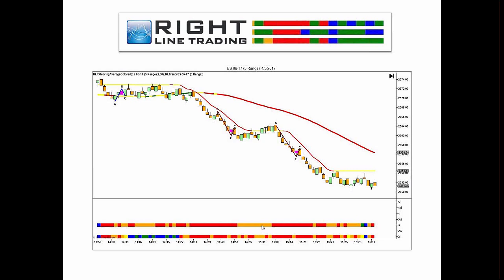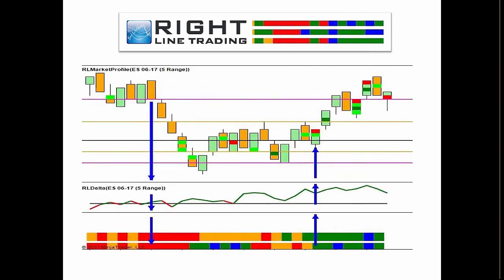Because these forces, both momentum and order flow, are extremely powerful predictors of the future movement of price on your trading chart. And you only want to take a short trade if you want to take a low risk, high reward trade. Now here's another couple of examples.